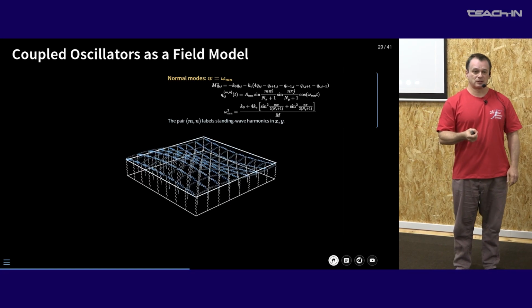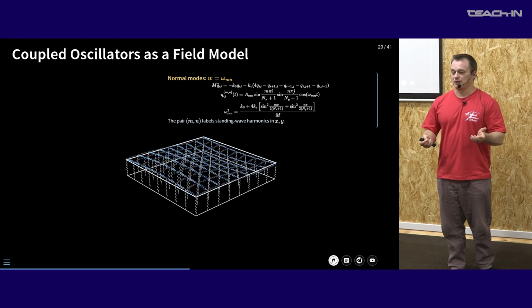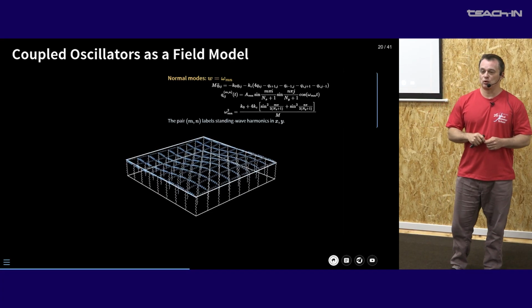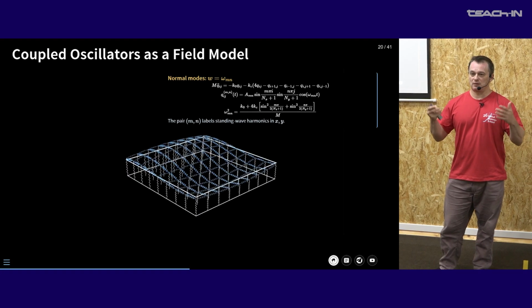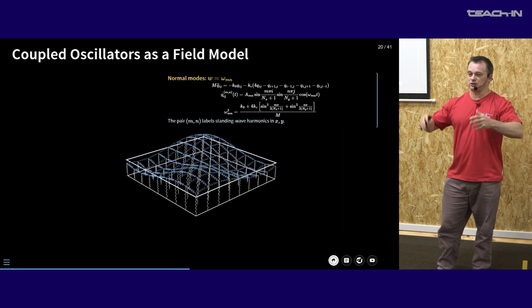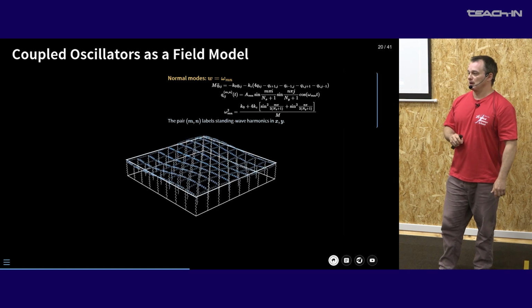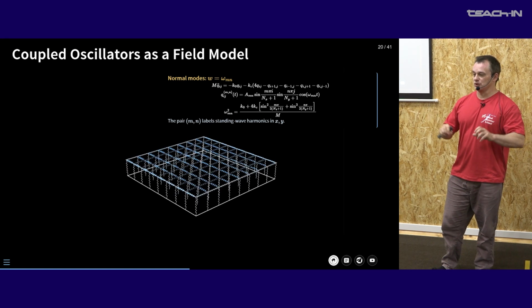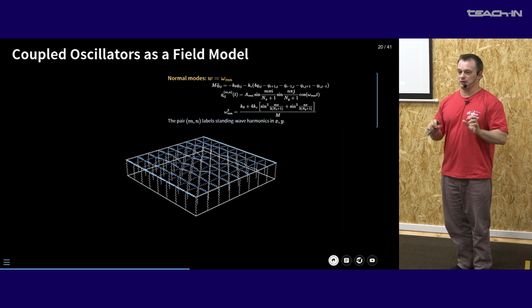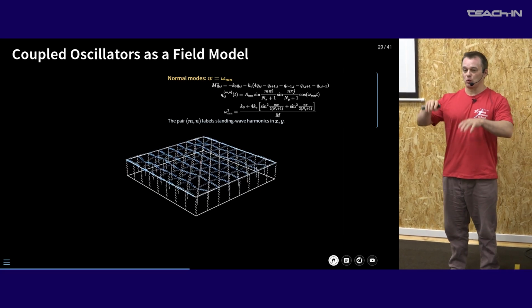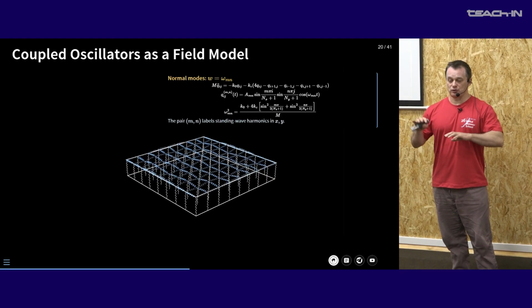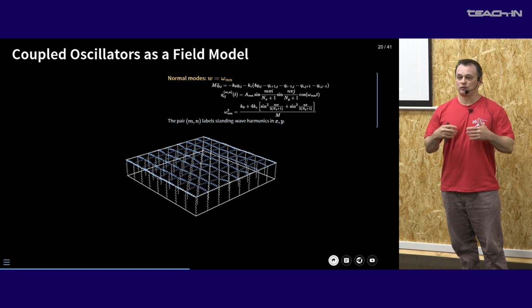This diagonalization is just a mathematical method, and it produces so-called normal modes. So normal modes are modes when the entire structure oscillates and the equations for this entire structure are independent. And each normal mode has its own way to oscillate spatially, and also it has its own frequency.